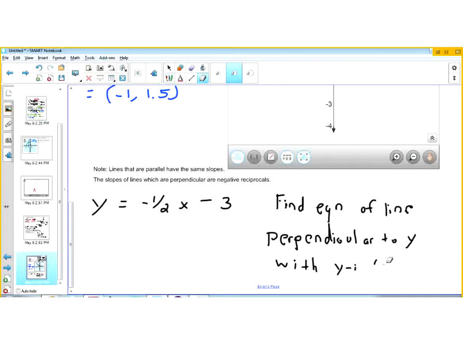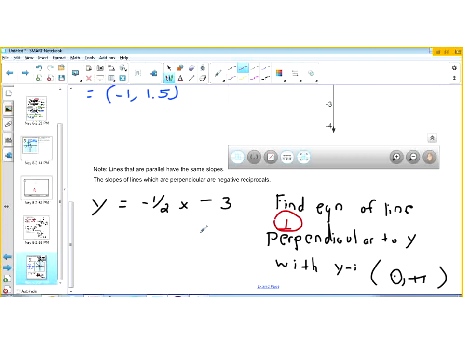To make that clearer. Now, a symbol for perpendicularity, which I'll be using a lot, is this upside down T symbol. So please note that this is a symbol for perpendicularity.